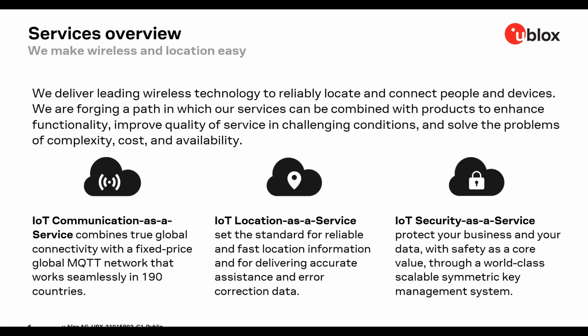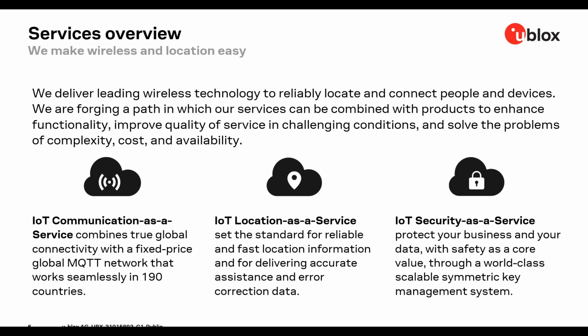And now in this webinar, we're going to focus in more closely in the services product center of uBlocks. And in services, we aim to make it easy to connect and locate everything. And we want to offer these services in combination with our products in positioning, short range, and cellular in order to boost their functionality, overcome the challenging conditions that are faced, and to solve the problems of complexity, cost, and availability.